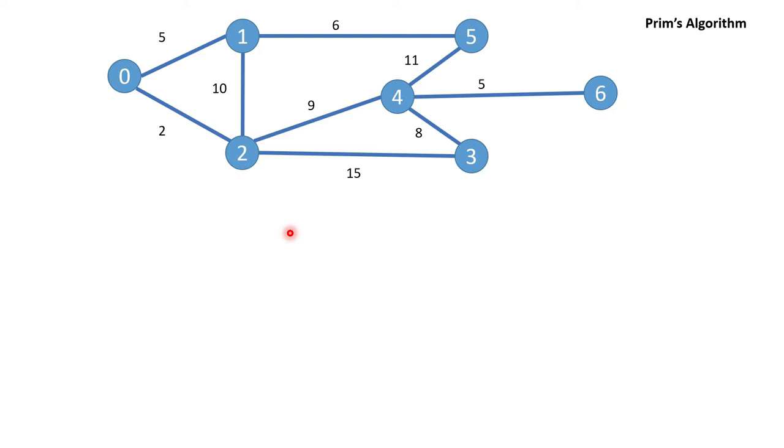The minimum spanning tree means I have to connect each and every node with minimum weights. It will be a subgraph of the original graph where each and every node will be connected, but the total or sum of their weights will be minimum. Okay, so how to find that? That we will check next using Prim's algorithm.